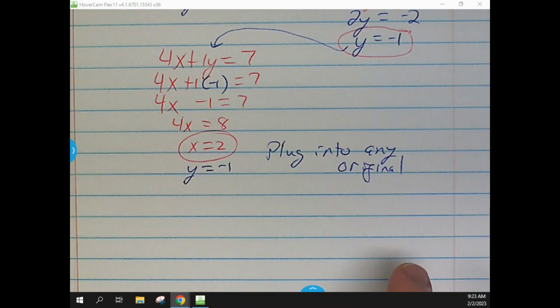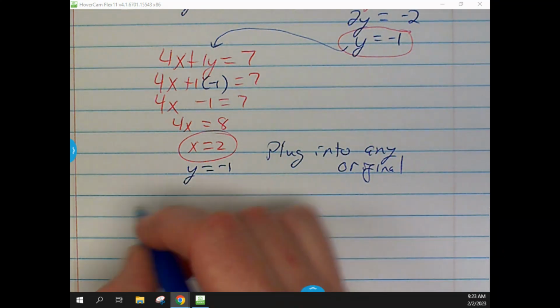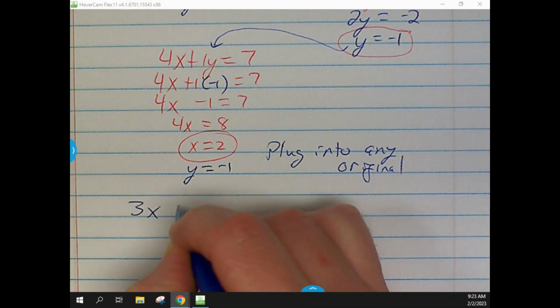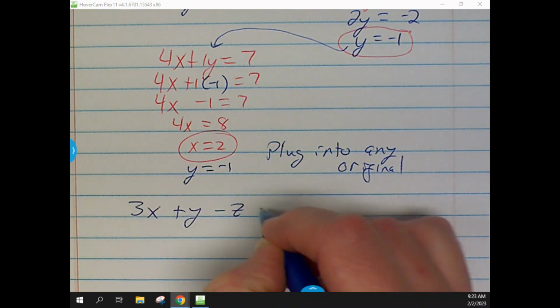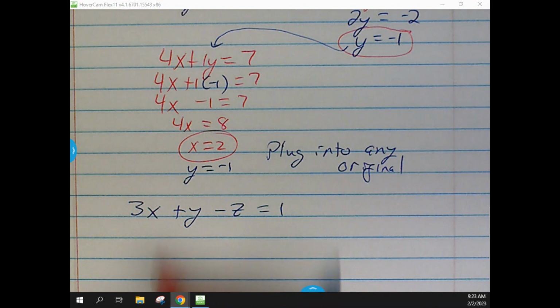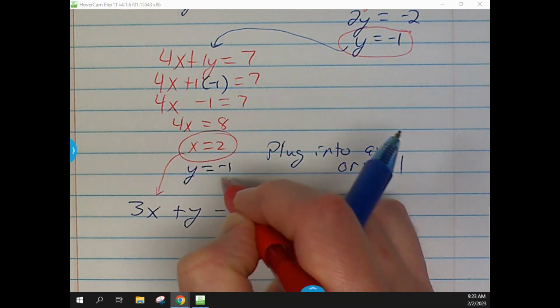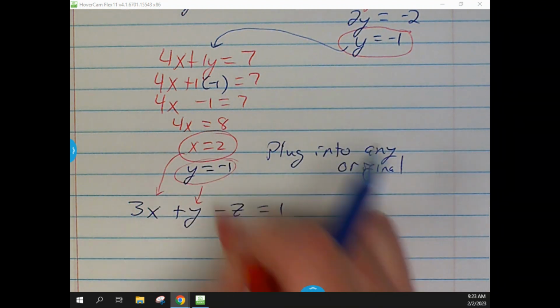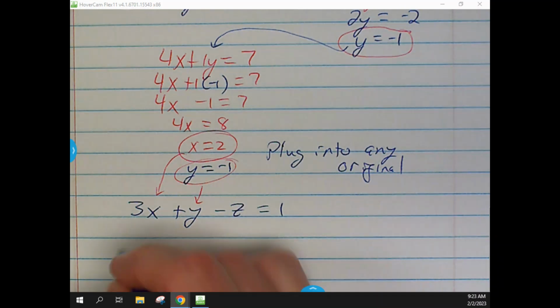Equation 1, equation 2, equation 3? Equation 1? I think that's what I heard, so we'll go with that. So we've got 3x plus y minus z equals 1. Plug in the 2, plug in the -1, and then just work it out from there.